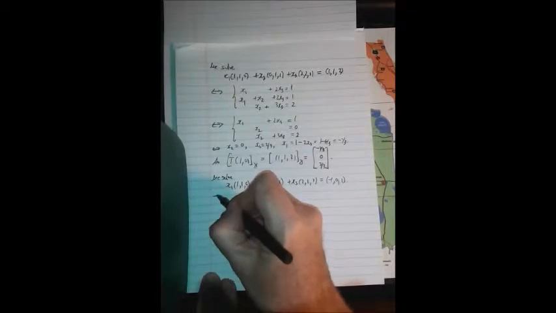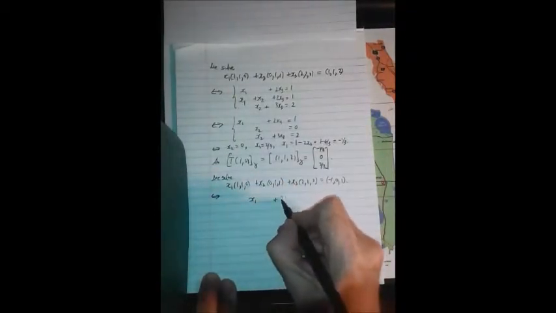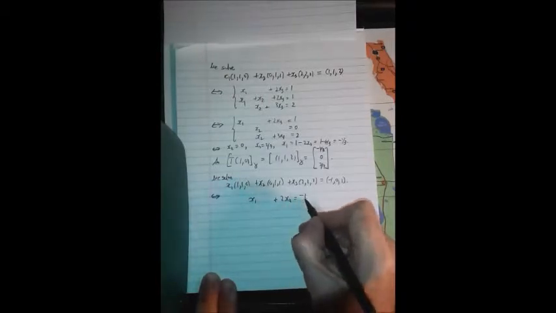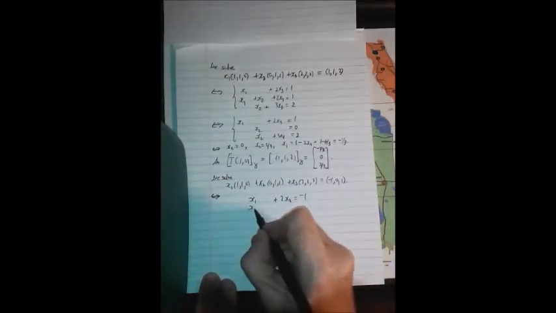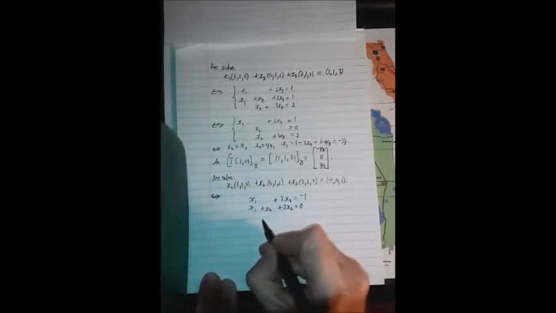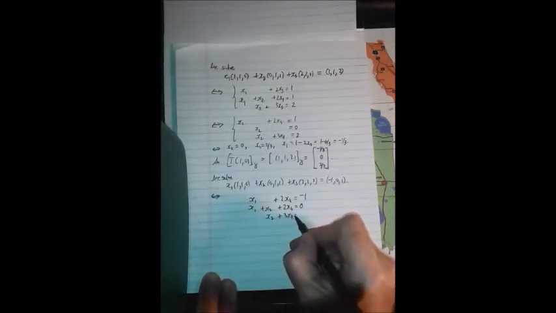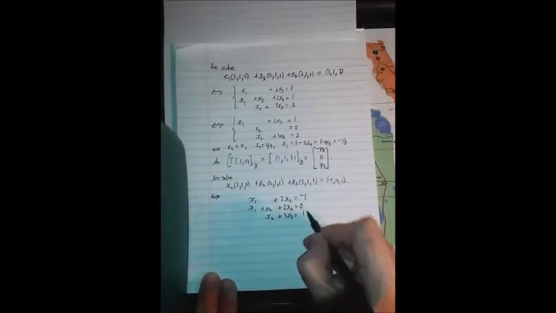Okay, so we look at the first component again. We get x1 plus 2x3 equals minus 1. Second component, x1 plus x2 plus 2x3 equals 0. Third component, x2 plus 3x3 equals 1.